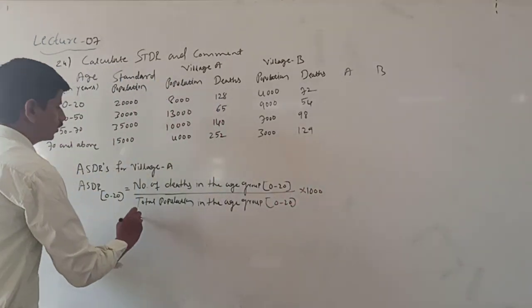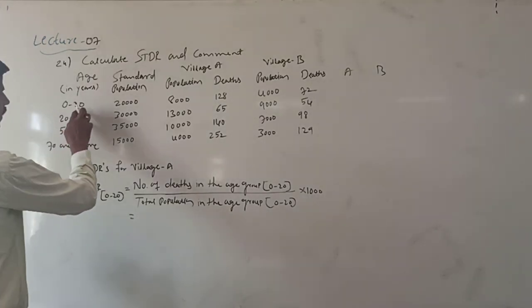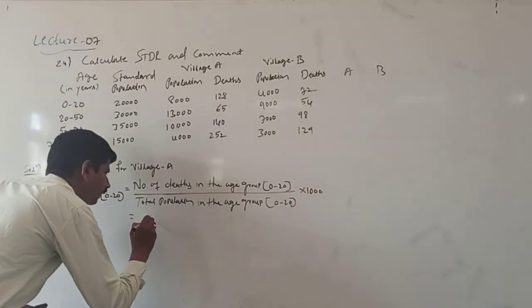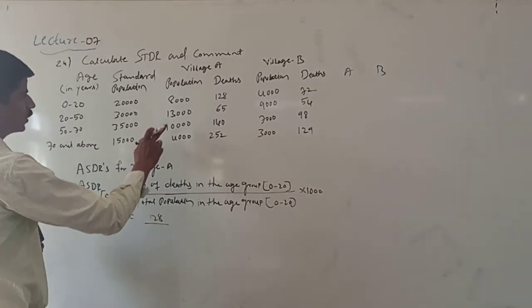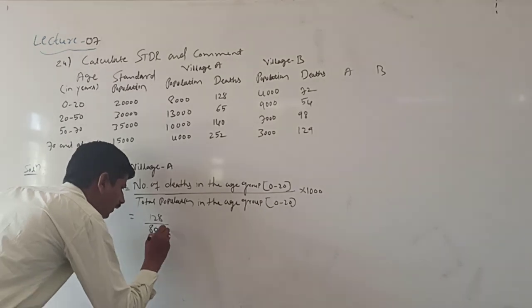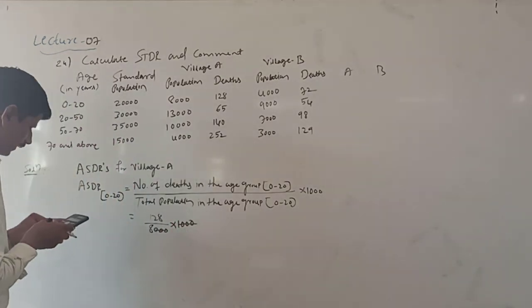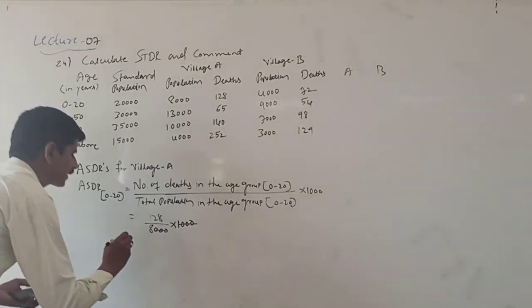You have to substitute the values. Number of deaths in the age group 0 to 20 for village A is 128, divided by the population in the age group, 8000, into 1000. Here 128 divided by 8, then we get 16.